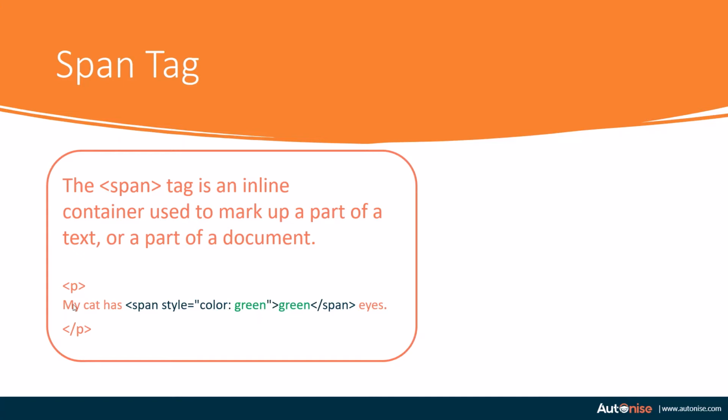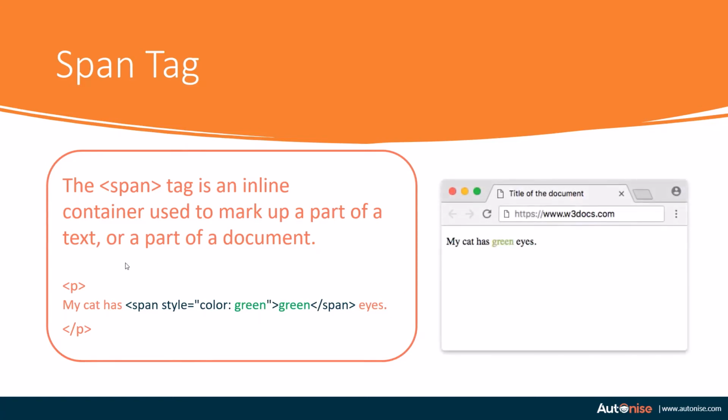So the content was my cat has green eyes. But let's say we want to specify green text as a green color. We'll see how to do that in CSS, but you can use the span tag to provide some styles and change the style of the content inside the tag.